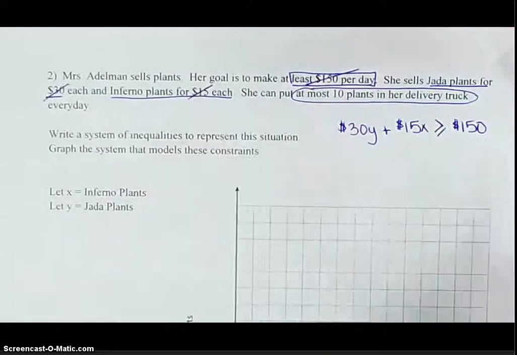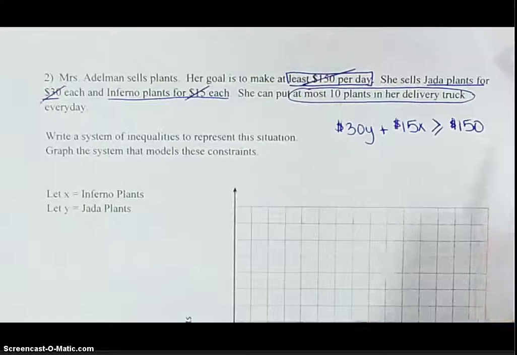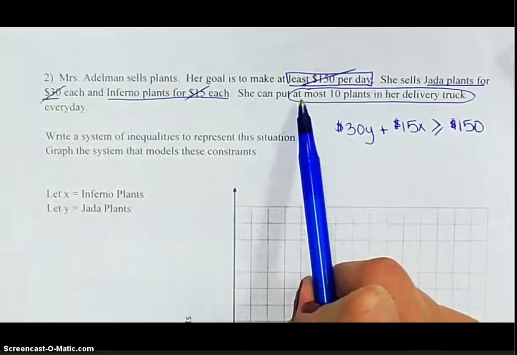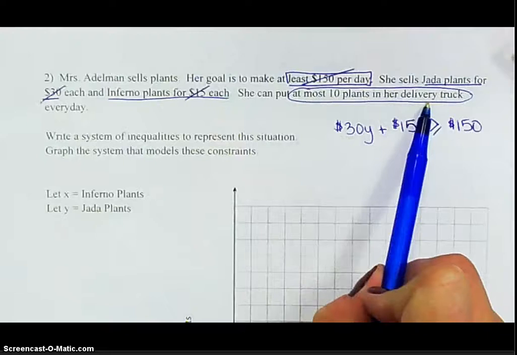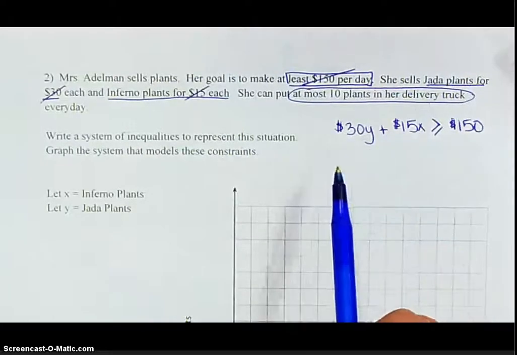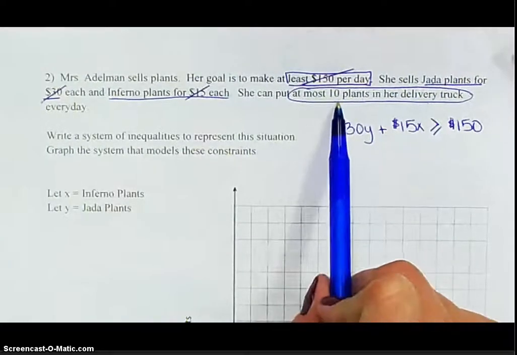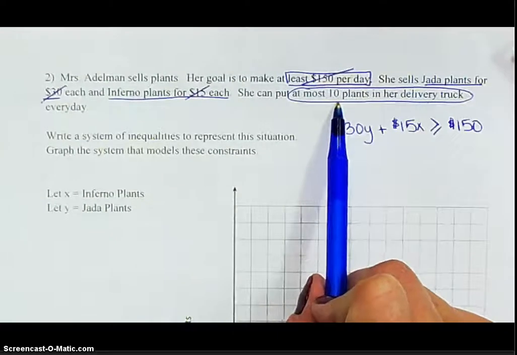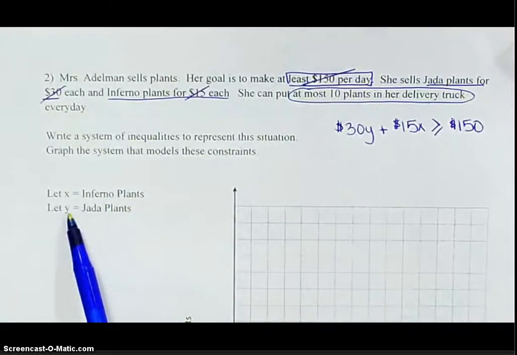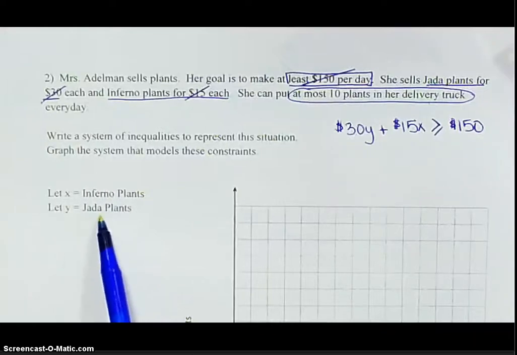Now we have to come up with our second inequality, and I only have one more piece of information here. She can put at most 10 plants in her delivery truck. So every day, she can only deliver 10 or fewer plants. She could have Inferno plants or Jada plants, but together she cannot have more than 10.